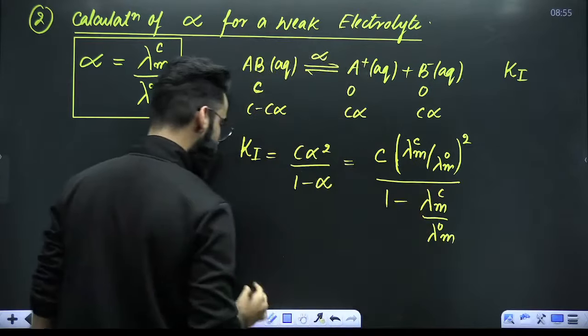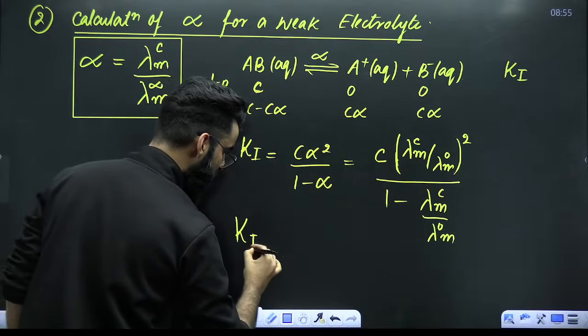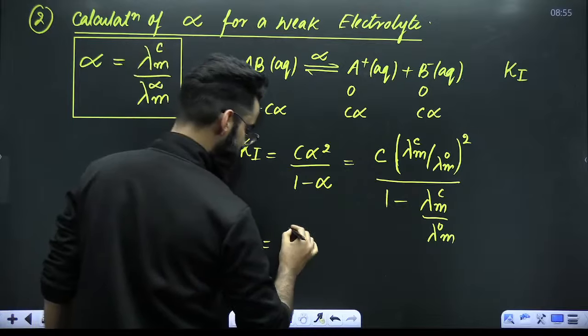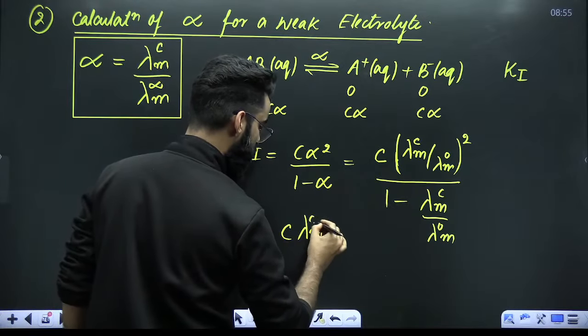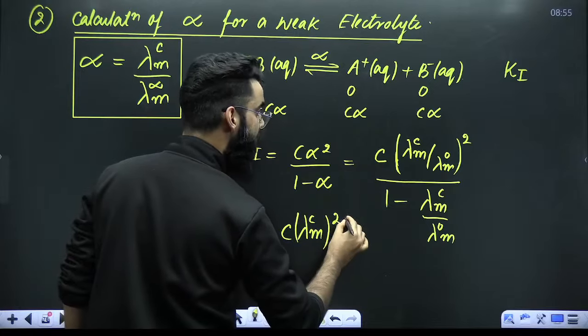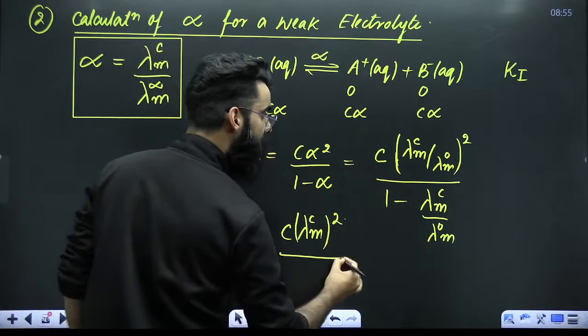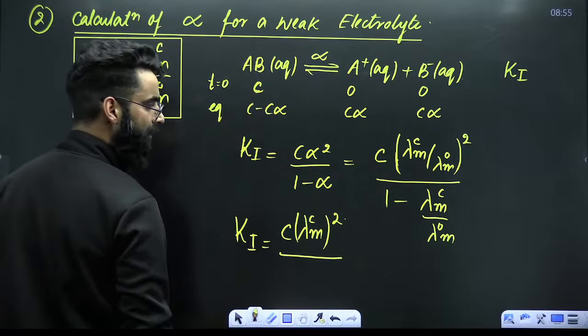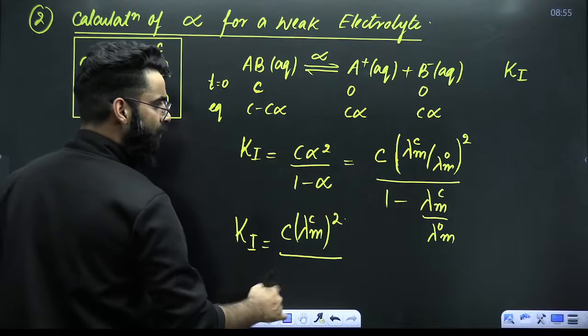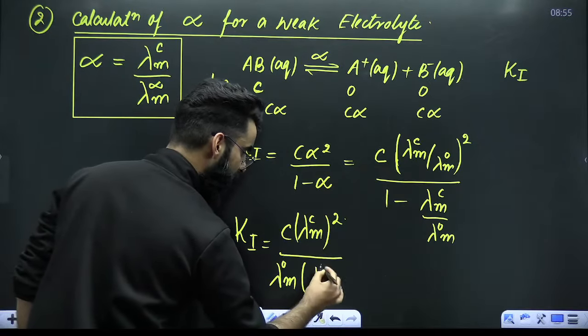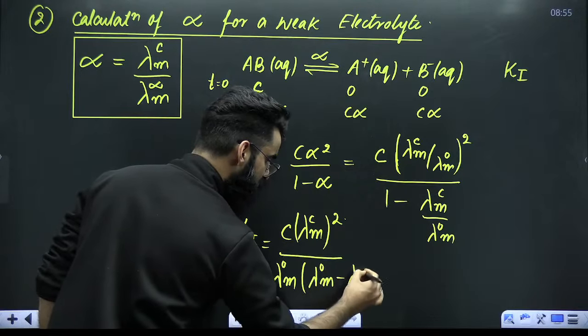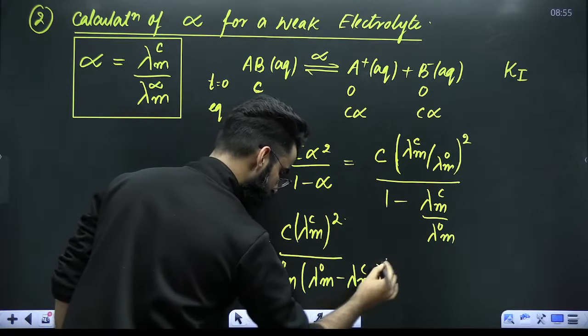Now when you solve it, you get the ionization constant of the weak electrolyte like this. C you are going to write as such. This is molar conductivity at a given concentration, square, divided by lambda naught m multiplied by lambda naught m minus lambda mc. Correct?